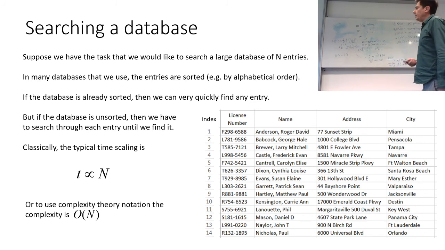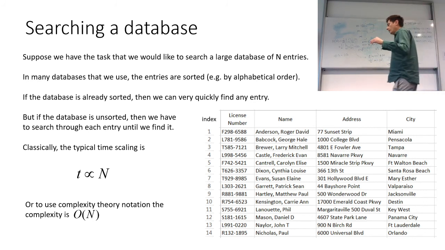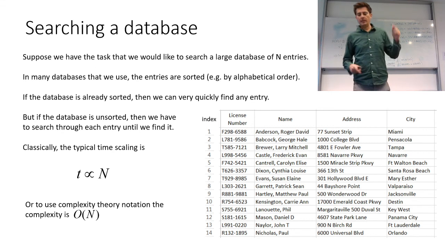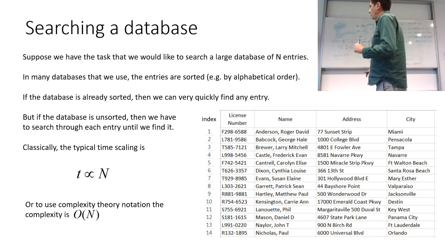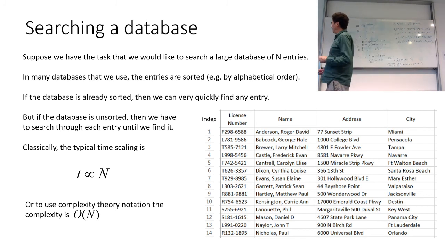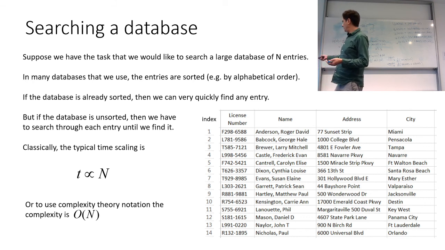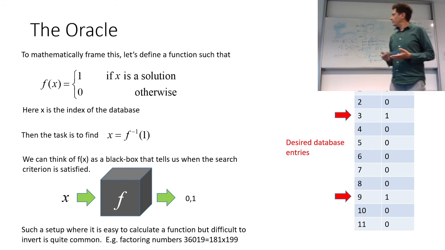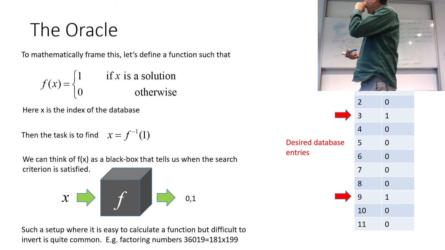So if you call the unit time to look at the database 1 unit of time, then it would take basically n units of that time to find it, because it could be at the beginning, at the end, or anywhere. Again, we encounter this oracle.